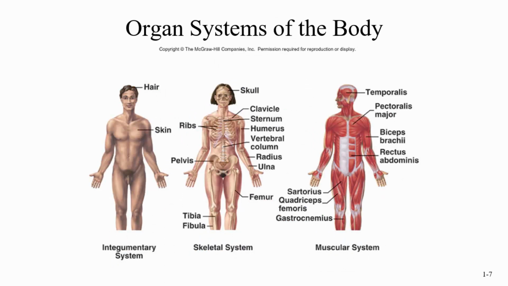Now, organ systems of the body. We have the integumentary system, which is going to be the skin, hair, nails, and such. We have the skeletal system. Again, this is going to be made up of the bones, basically, and ligaments and tendons.